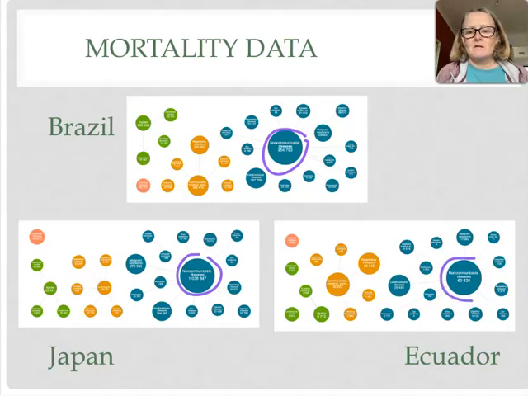And infectious diseases is smaller, but you'll see in Ecuador, infectious diseases is larger than the infectious disease rate in Brazil and in Japan. Very few people dying compared to the total number dying. So still the same pattern, non-infectious diseases causing more deaths in countries around the world.